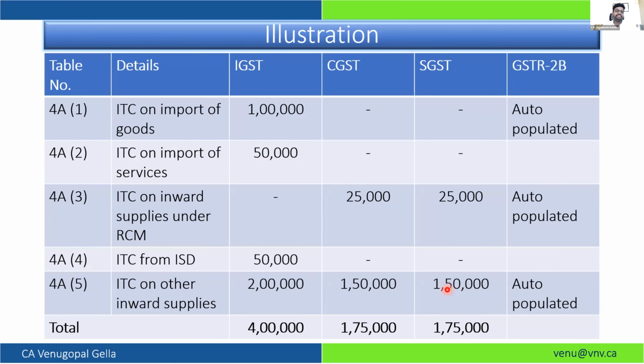So this is an example, as I discussed earlier, that most of the tables in table 4, the 4A entries, are auto-populated. I am having 1 lakh of ITC on imports, 50,000 on import of services, and ITC on RCM 25,000. This is auto-populated. From ISD I am having 50,000, and all other ITC I am having 2 lakh, 1 lakh 50, 1 lakh 50.